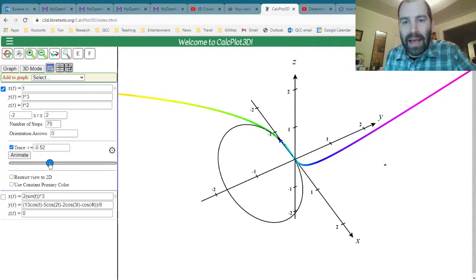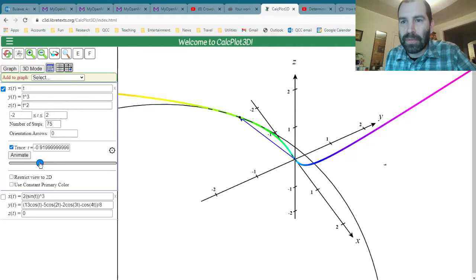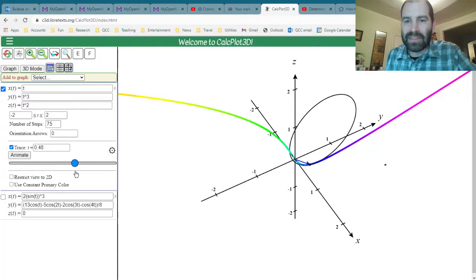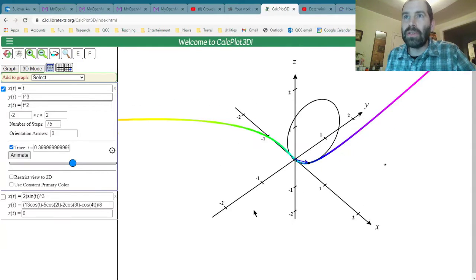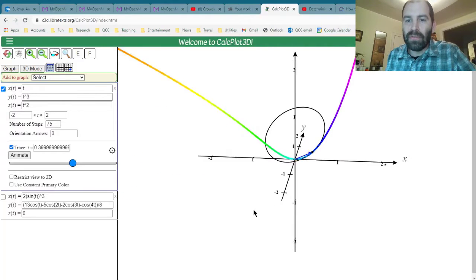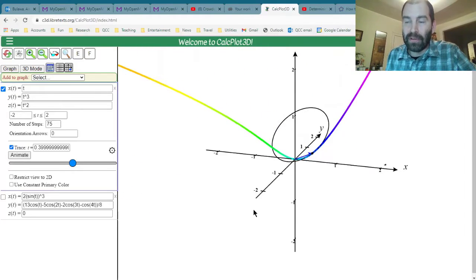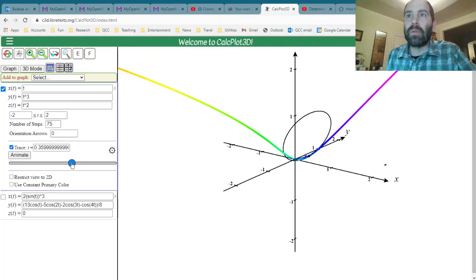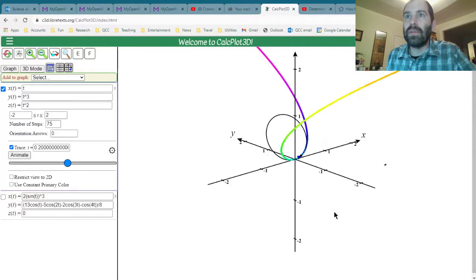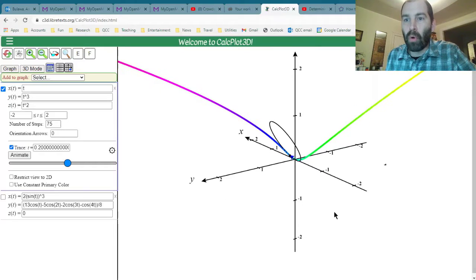Now you see, as I move along the curve, the circle changes size. So the size, in other words, the radius of this circle, should have something to do with the curvature of the curve. Now, if the curve is more tightly curved, then what happens to the circle? Well, the circle gets smaller, right? So a small circle means more curvature.